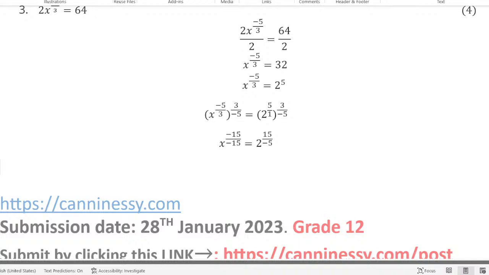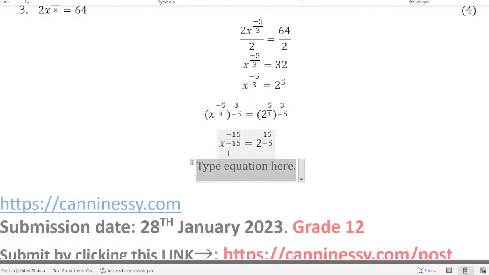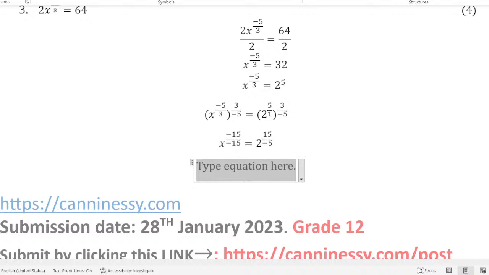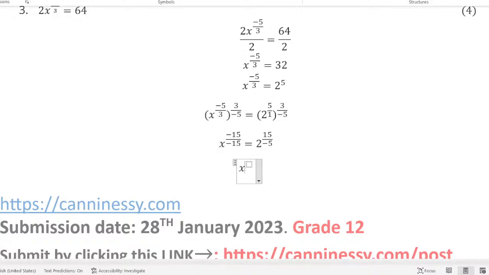So then here we have x to the power negative 5. Negative 15 divided by negative 15 is going to be a positive 1, right?